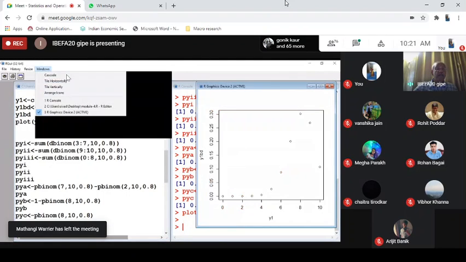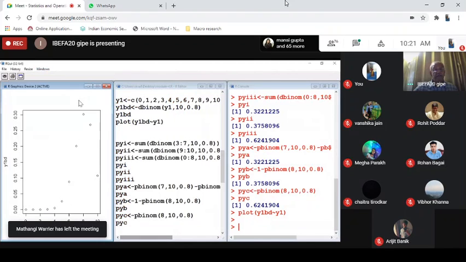I got a graph. So the graph shows smaller the probability of improvement increases coming to a higher number and decreases.